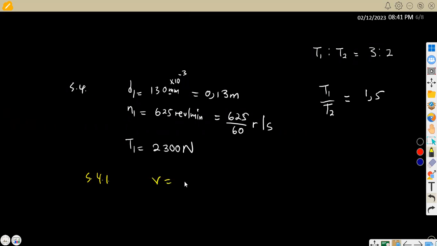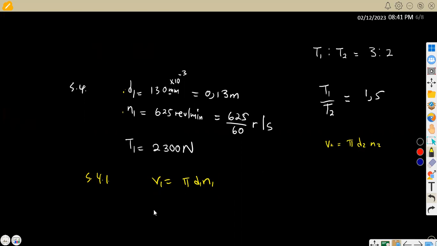Remember, velocity is given as pi d n. If we are dealing with the driver, we shall have v1 equals pi d1 n1. If we are taking from the driven, we shall have v2 equal to pi d2 n2. So we have d1, n1, and T1 from this part. We just need d1 and n1.